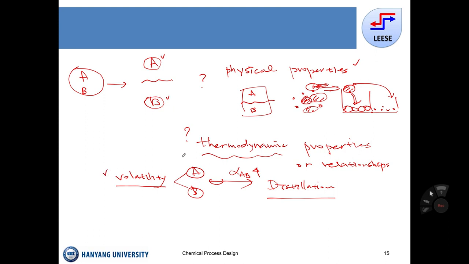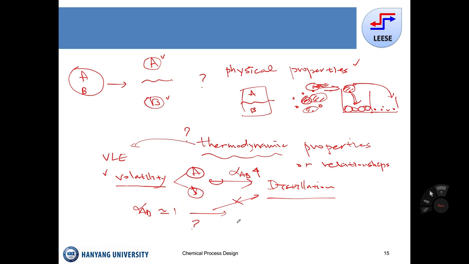That is based on vapor-liquid equilibrium, which is based on thermodynamic property. If alpha AB is close to 1, we cannot use distillation. Then I check another one.